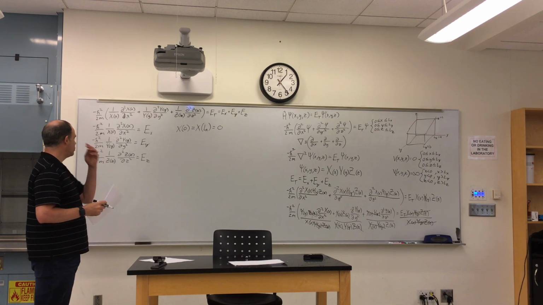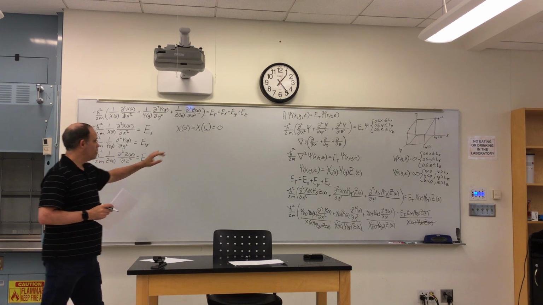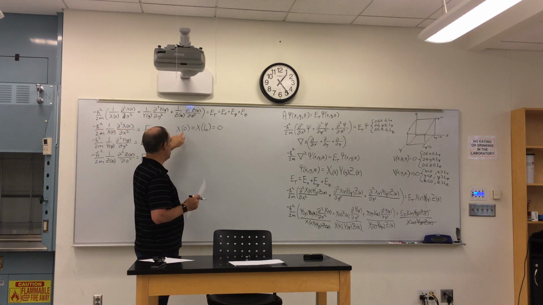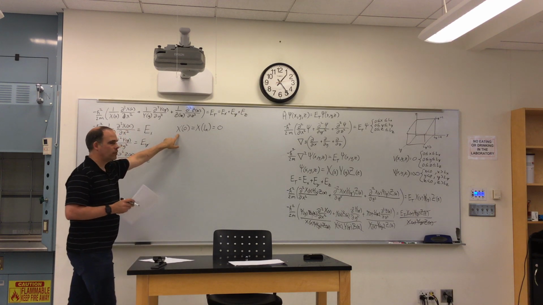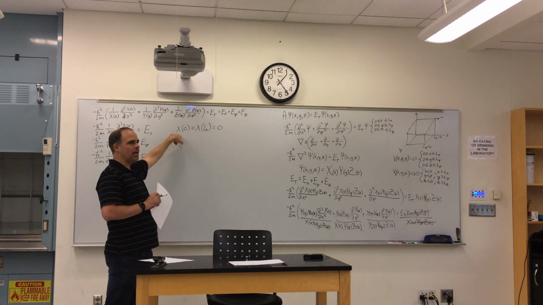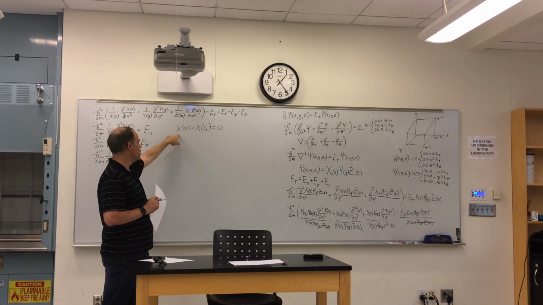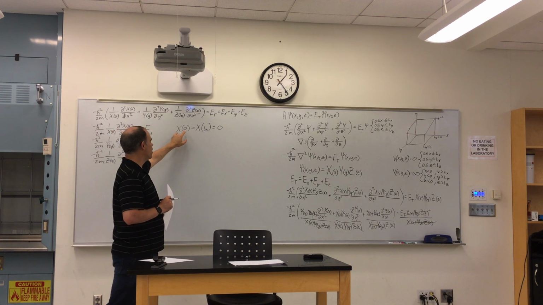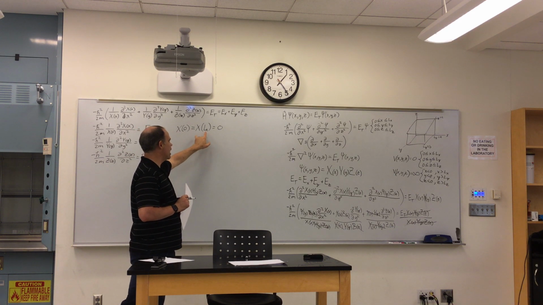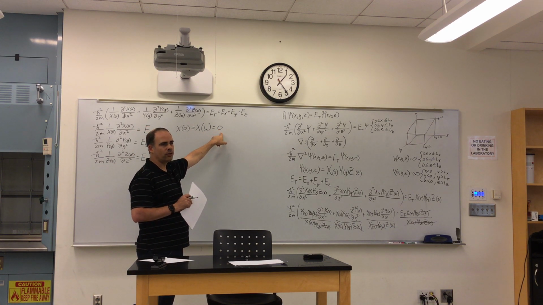Okay, so the restriction of continuity means that at the two boundaries, our value for the wave equation, right? Capital X is the X component of the wave equation. So the values for X at 0 and X at our boundary have to be equal to 0.